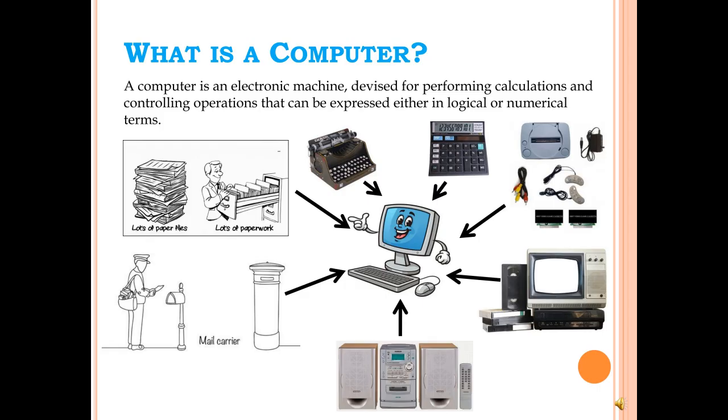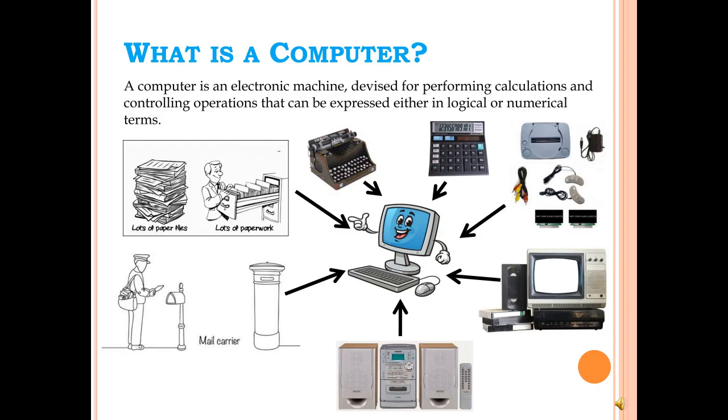But a computer combines all the works which are done individually by individual components or devices. A single computer performs tasks like playing music, playing video, playing games, calculation, and typing. And as you can see, there are lots of paper files, so bulk is there. The same thing you can do in the computer as well.